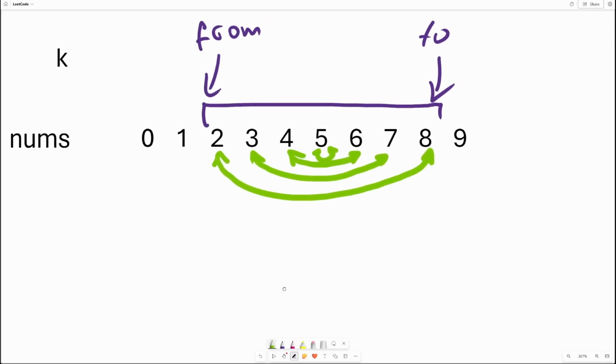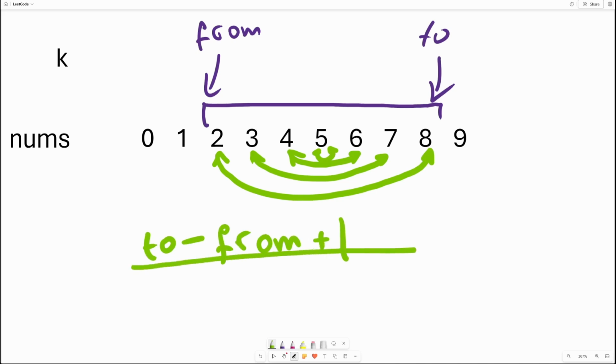Now let's see how many swaps we have to perform. If you think about it, the number of elements is to minus from plus 1. That's the number of elements in the segment that we're rotating.